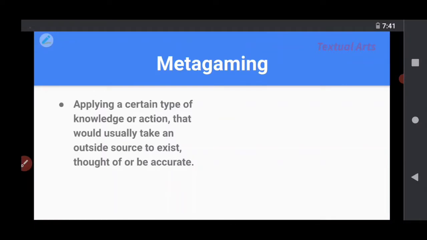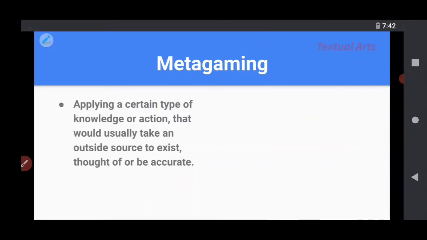Now, metagaming is applying a certain type of knowledge or action that would usually take an outside source to exist, be thought of, or be accurate. So metagaming is applying any information that you received not from the game itself, but just by reading the post.